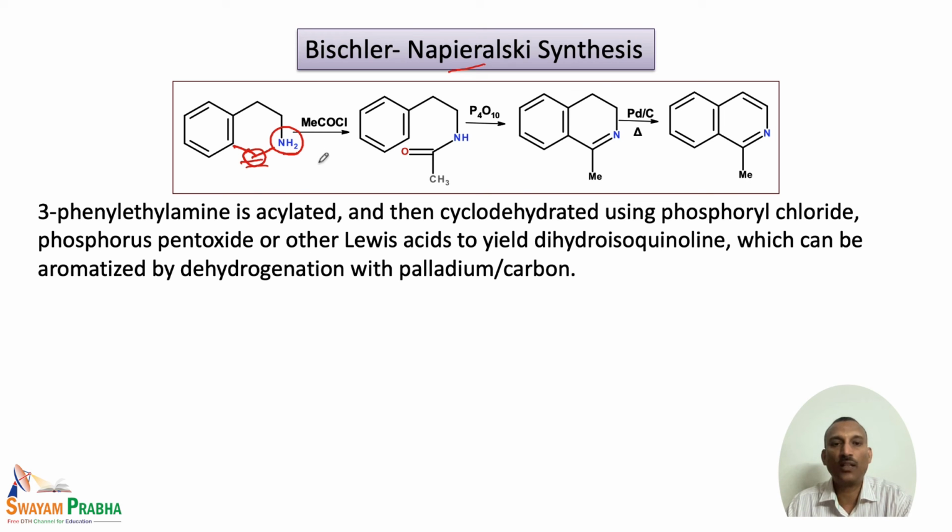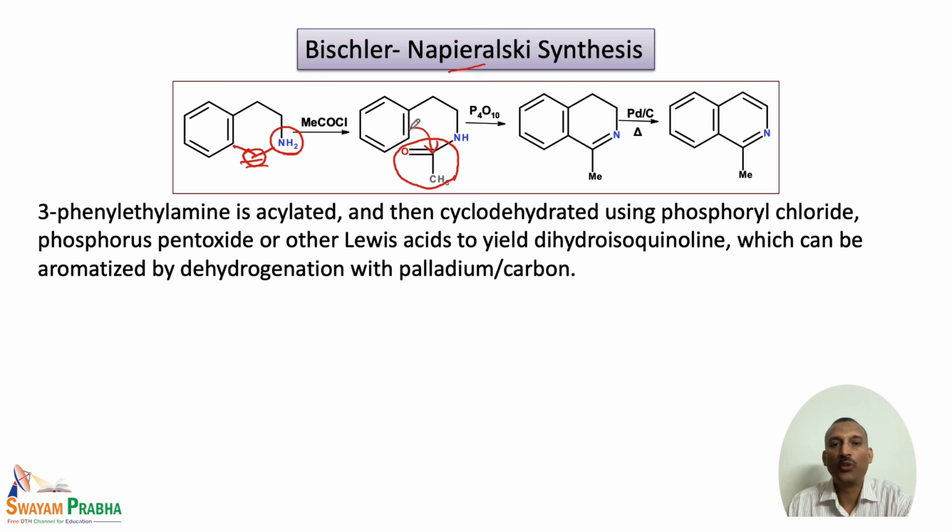The simple thing is, we treat this with phosphoryl chloride and an acyl chloride. Any acyl chloride leads to acylation on the nitrogen atom. This is the first step, and once the acylation takes place, cyclization takes place. There is a pi electron rich aromatic ring and an electrophilic carbon.